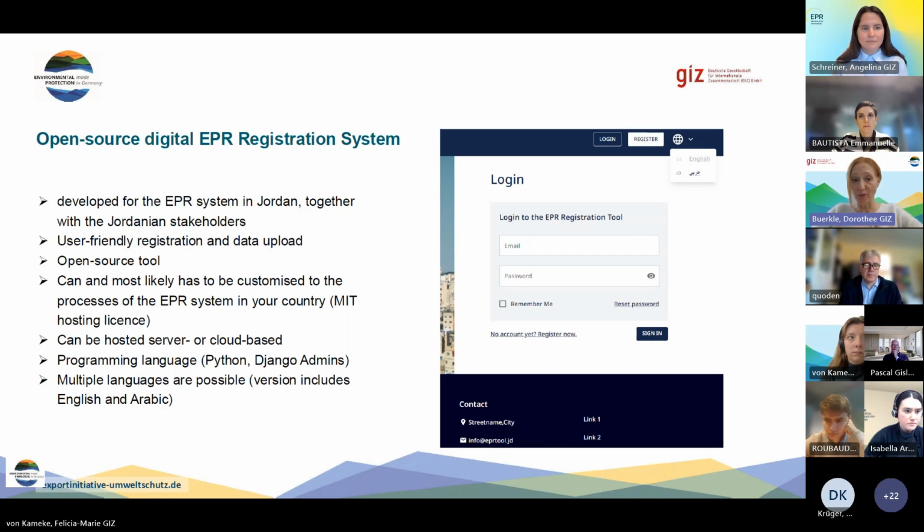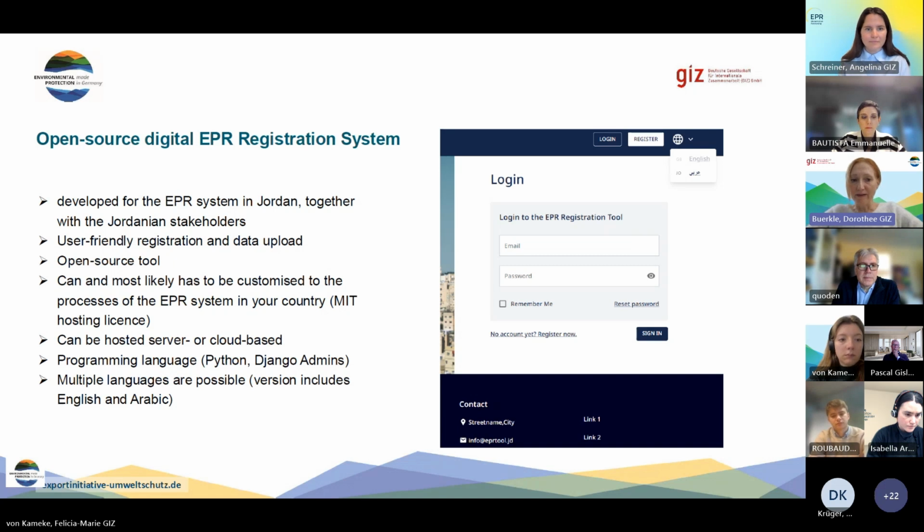It's an open source tool, which means it can and most likely has to be customized to the processes of your EPR system. But this can be done. You would need probably an IT company to help you there. However, you have the rights to do this because it's under the MIT license, which is a very broad one where you basically can do everything with this code.